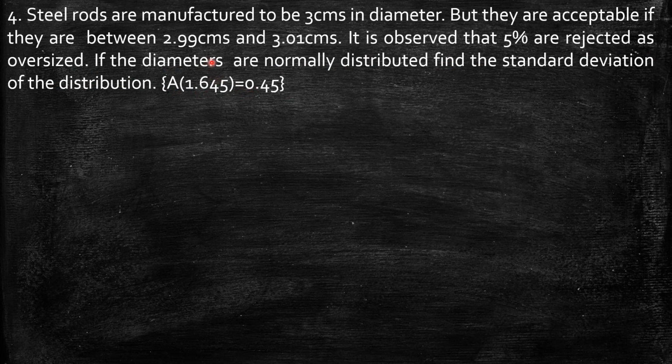Here the mean is given as 3 centimeters, and the steel rods are acceptable within this range. If a rod exceeds 3.01 it is oversized and rejected, and the probability is 0.05. Now we need to find the standard deviation sigma.